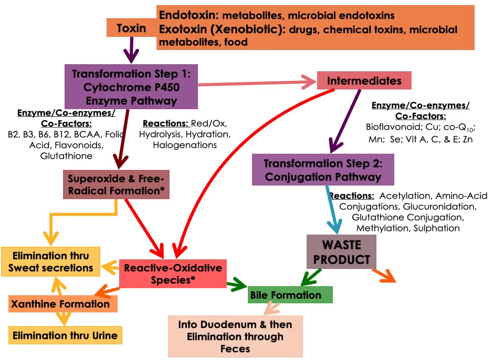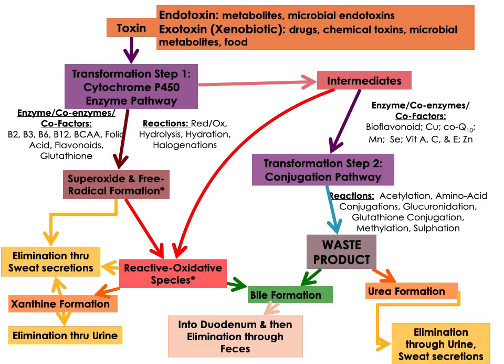The bile, as well as the ROS, will get excreted into the duodenum to be released with feces, whereas some of it will become aqueous, will be utilized in urea formation within the liver, and then get transported via vesicles either to the sudoriferous glands to be eliminated as sweat or to the kidneys to be eliminated as urine.